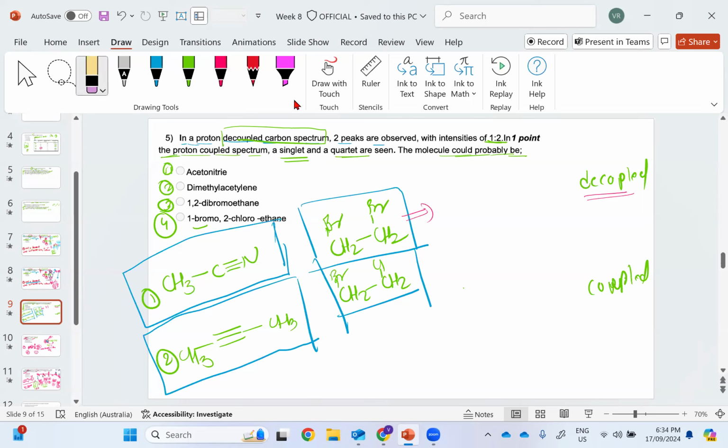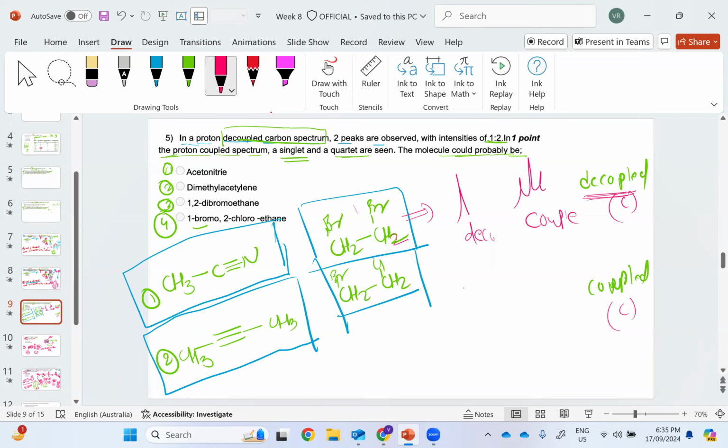Since the molecule is symmetrical, it will show only one signal in the decoupled spectrum, right? And in the coupled spectrum, D stands for decoupled and C stands for coupled. In the coupled spectrum, how will it show? These both are identical, right? Because it has a plane of symmetry. So both CH2 are identical. So it will show only a singlet in the carbon decoupled spectrum, and in the coupled spectrum, because of the 2 H on each carbon, it will show a triplet, right? So what is mentioned, does it match?